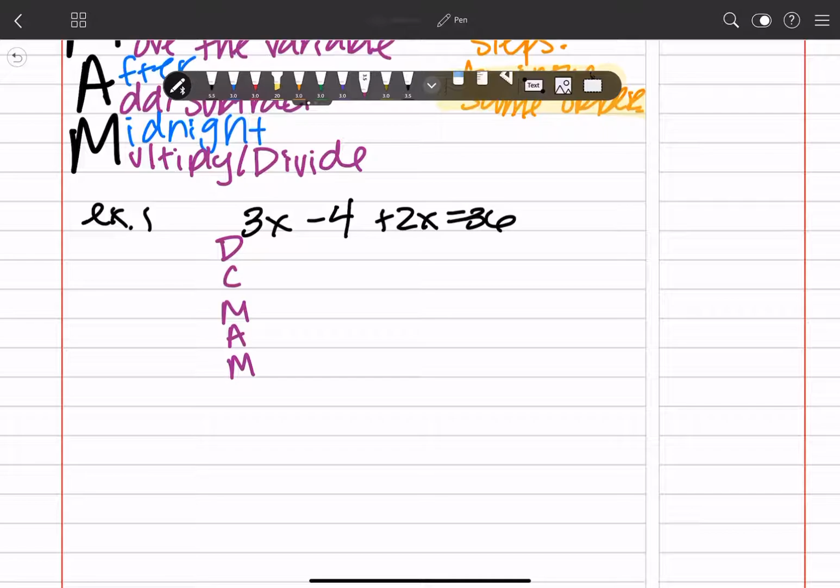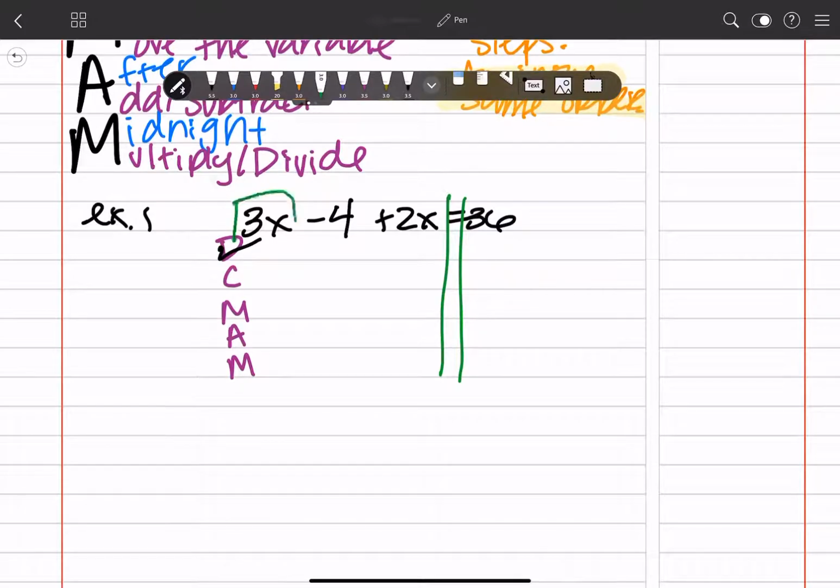Right here, well, there's no distribution, so check. I don't need to do it. Then you've got combining like terms. This one does have terms that we can combine. And remember, we're only looking at each side of the equal sign.